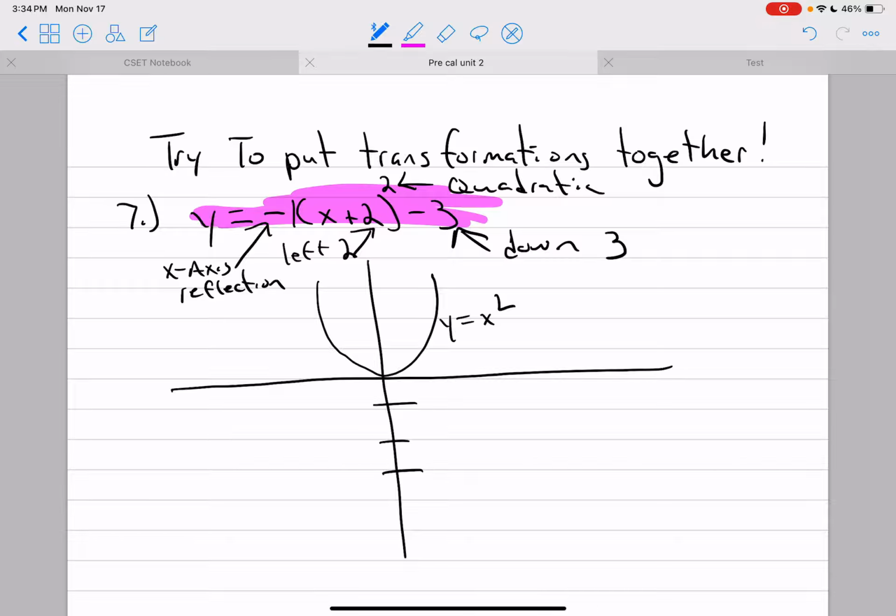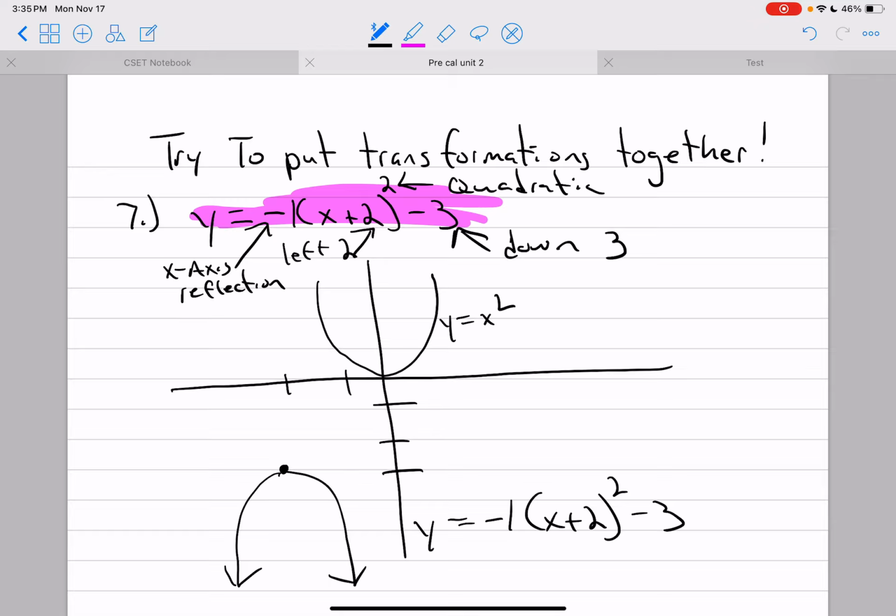Got to go left 2, 1, 2. So there's my new critical point. And I got to reflect on the x-axis, so instead of going up, I'm going to go down. So I'm going to do this. There we go. Y equals negative 1 times (x plus 2) squared minus 3.